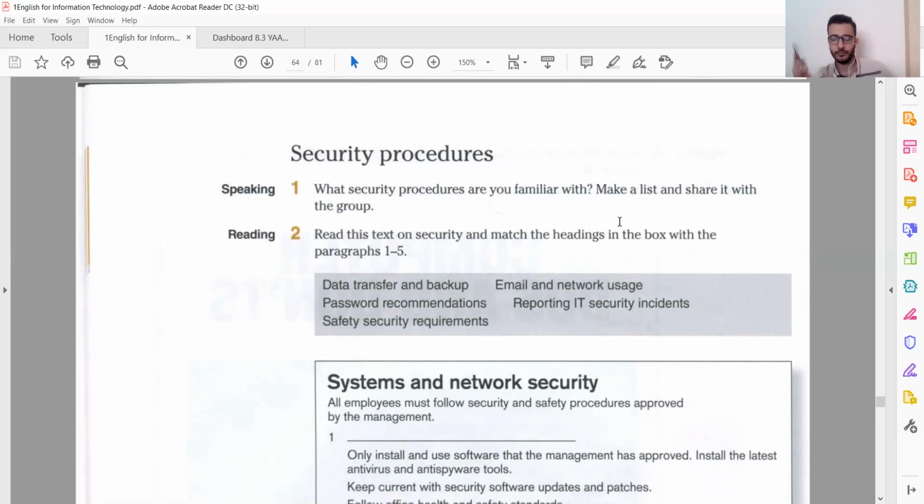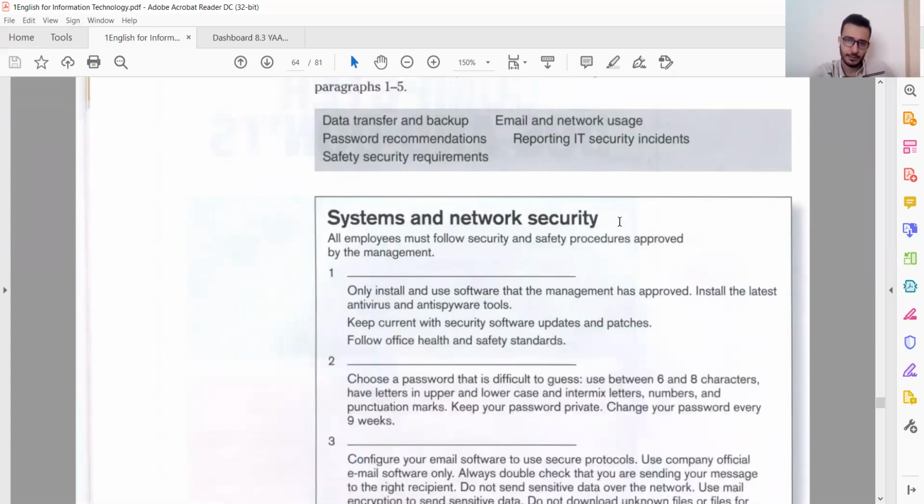You open it. So this is a security procedure. What else? We talked about antivirus softwares, anti-spywares. What else? So many security procedures that we use. The passwords. And we will talk more about these procedures today.